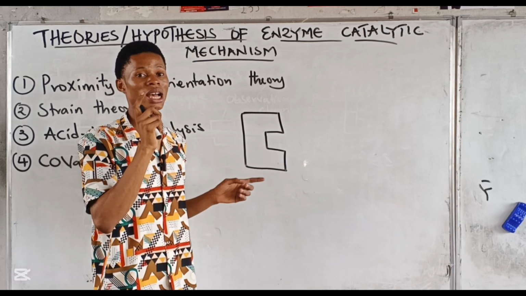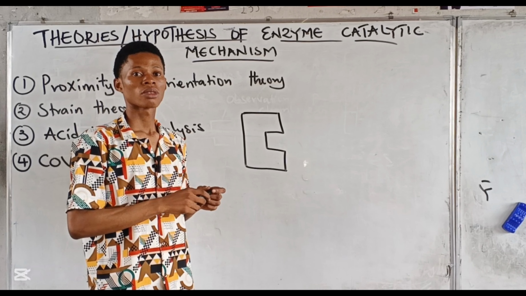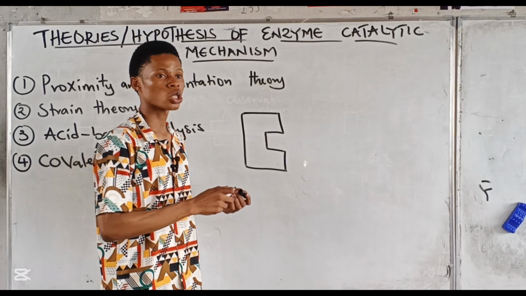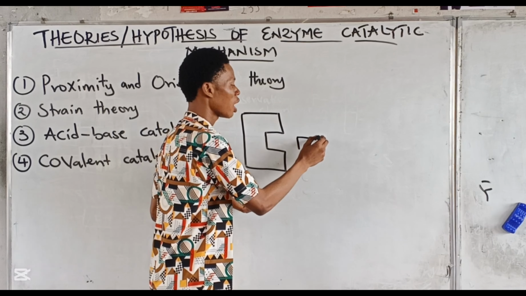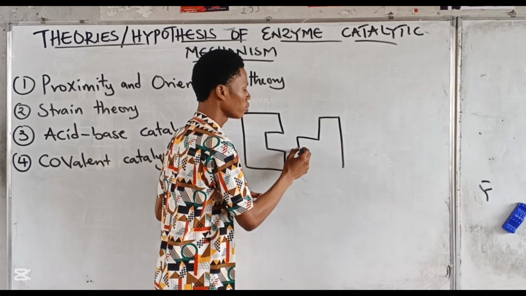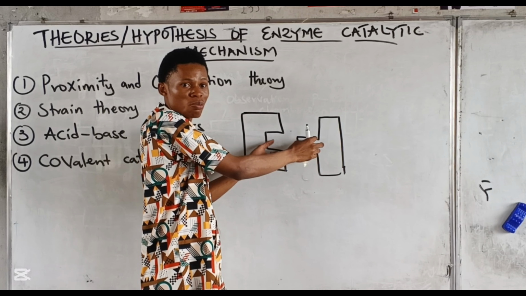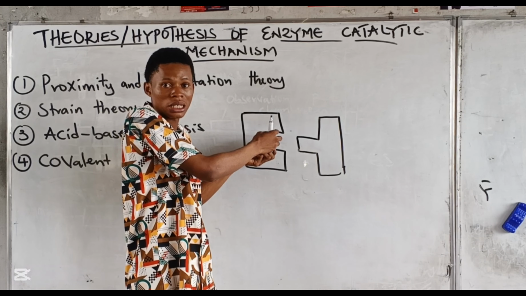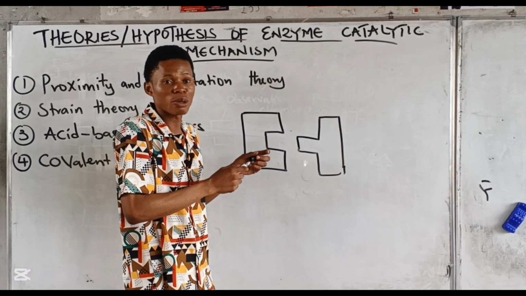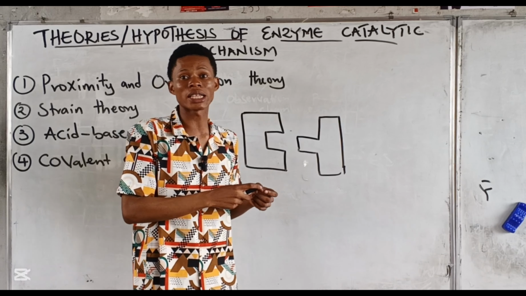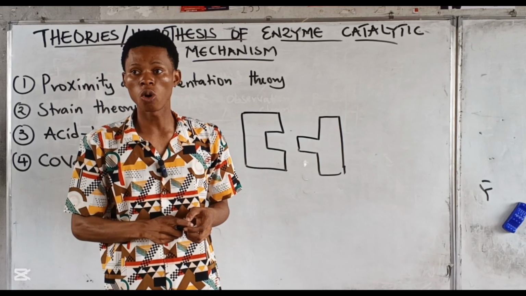For an enzyme to catalyze a particular substrate, the shape of the substrate must fit into the active site, so catalysis can take place. If it does not fit into the active site, can catalysis take place? No, right?